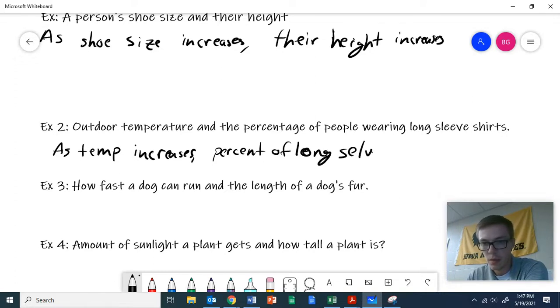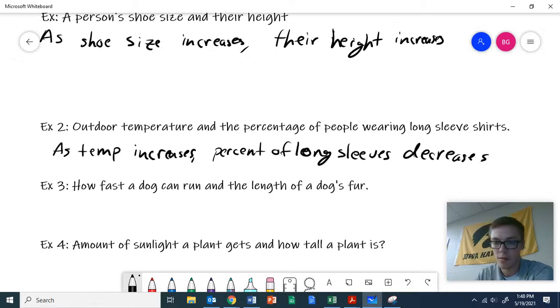You see less people wearing long sleeve shirts the warmer it gets out. So we will say percent of long sleeves decreases. So this one you can think of kind of has a negative idea.